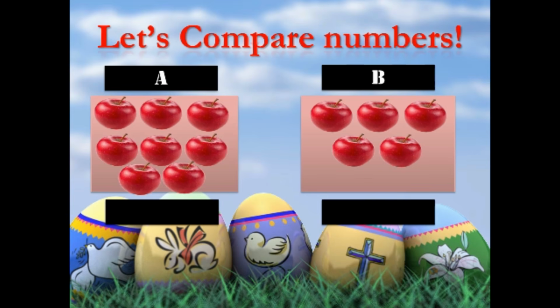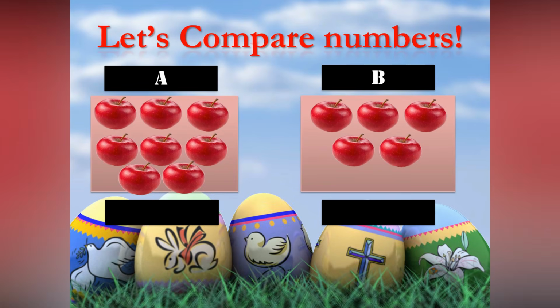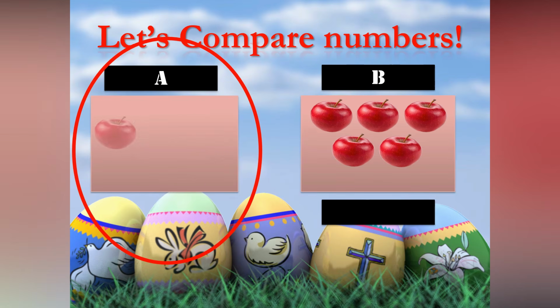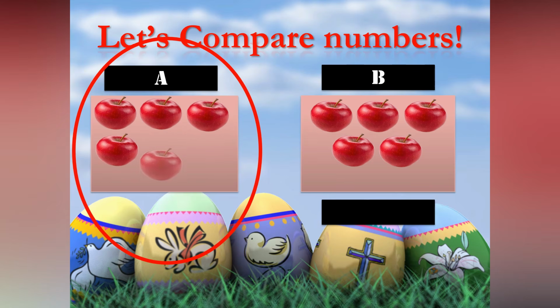Now, let's try to compare numbers. I have here two sets of apples, set A and set B. Let's count the number of apples on each set. For set A, 1, 2, 3, 4, 5, 6, 7, 8.